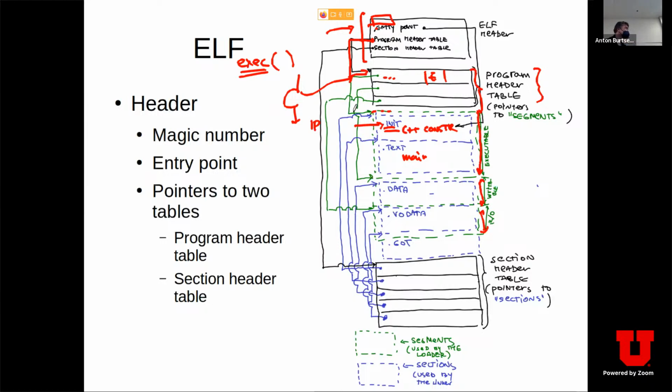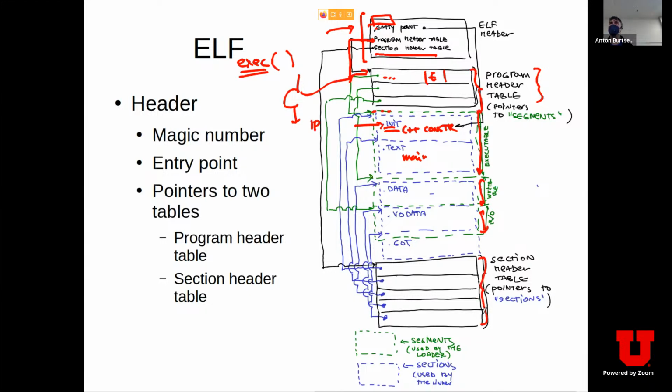Very simple. If your program is ready to run, you just load it in memory, even simpler than a.out, and just run. However, if it's an object file, it's not yet ready to run, it will be linked, relocated, and stuff like that. There is a second view here: if this is a program header table, the other one is called a section header table. Typically, although I don't think it's strictly required, it's placed at the end of the file.